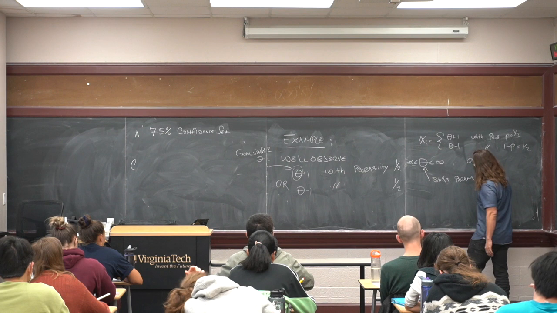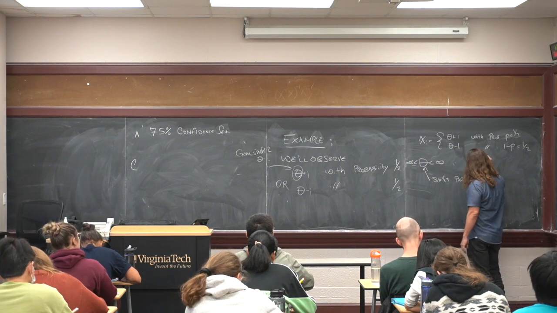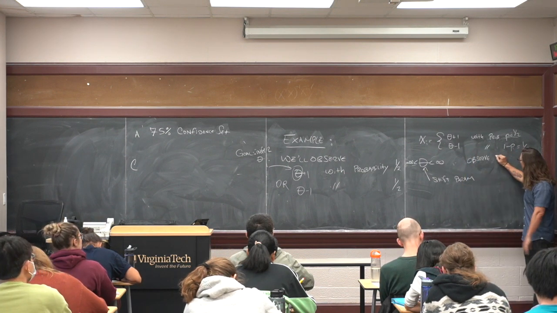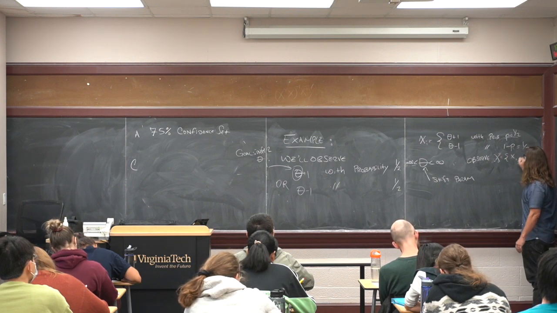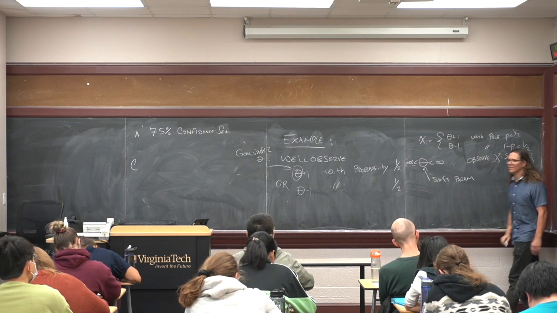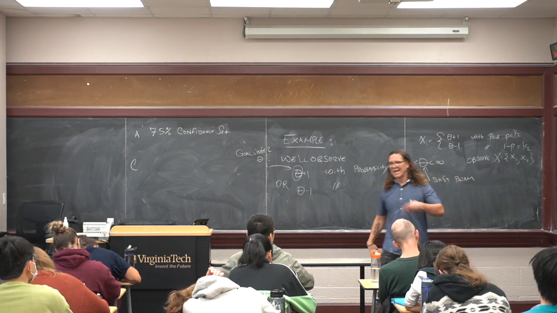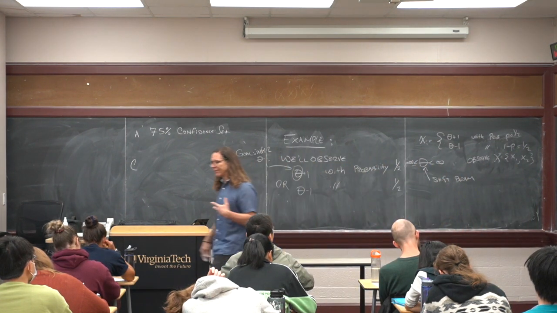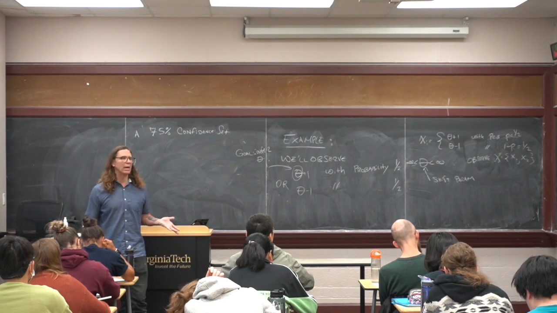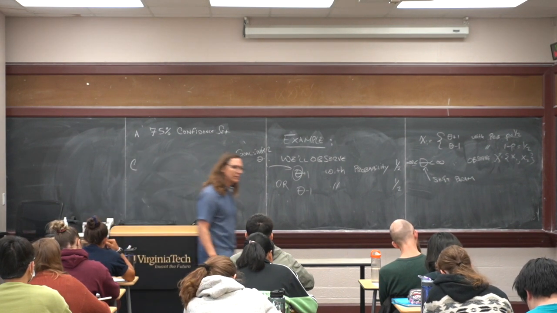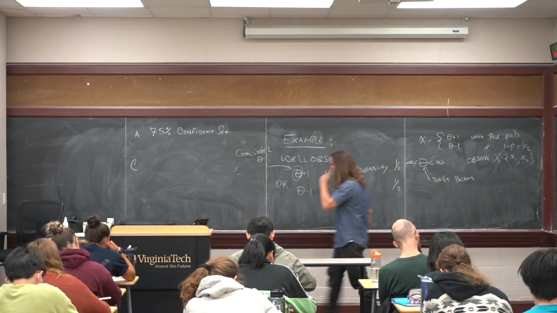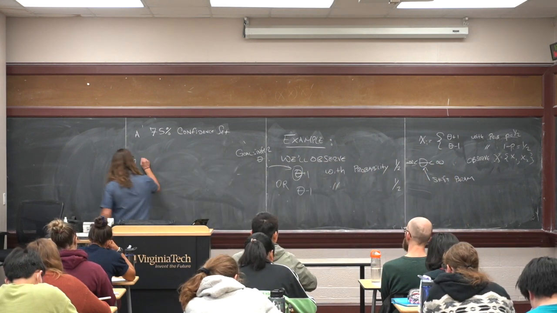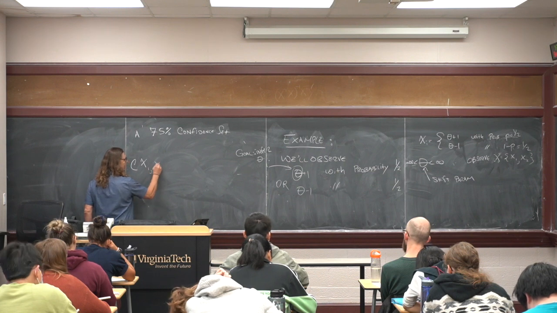I'll tell you what the data looks like. This is important in the problem. Two random IID draws from the process. So I'll either get theta plus 1 twice, or I'll get theta minus 1 twice, or I'll get a theta minus 1 and a theta plus 1. There's two different ways I could get those. So my confidence set is a function of the data.